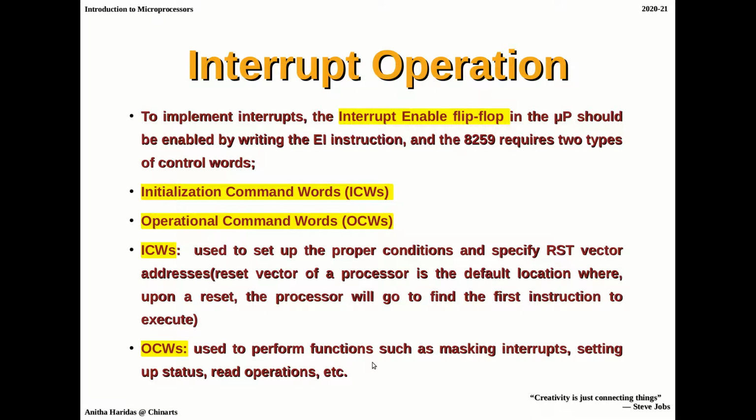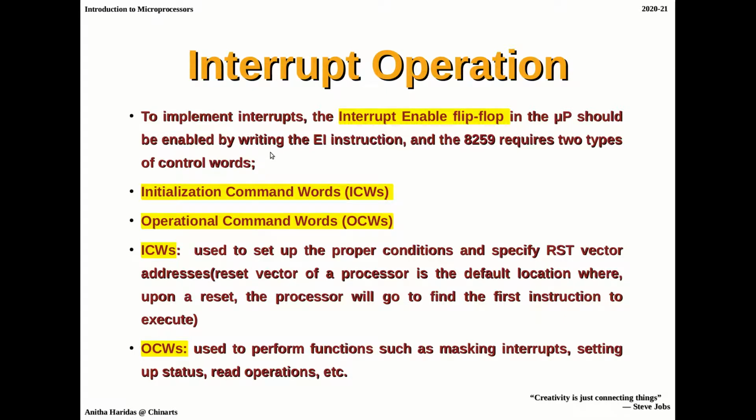Now, before we discuss the different blocks in the functional diagram, let us see how the interrupt operation is carried out using the 8259A. If I want to implement interrupts in the microprocessor, the interrupt enable flip-flop of the microprocessor should be enabled first. How do you enable it?